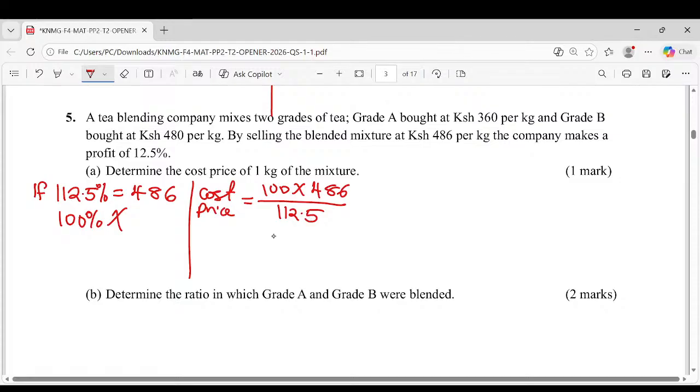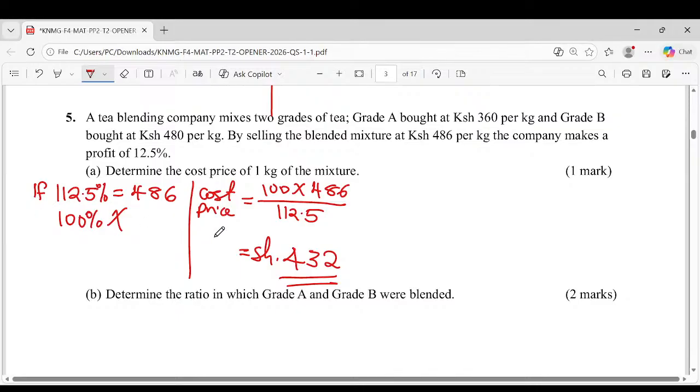When I take 100 times 486, then divide this by 112.5, I'm getting 432 shillings as the cost price of 1 kg of the mixture. That earns you 1 mark.